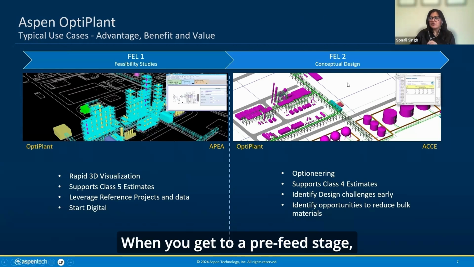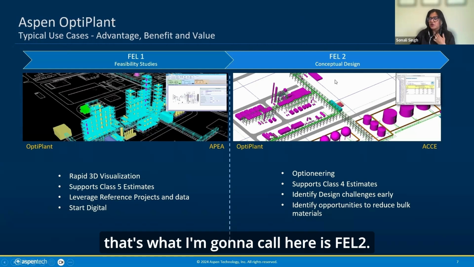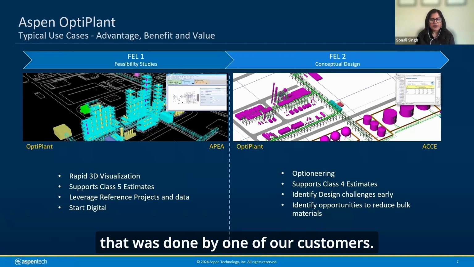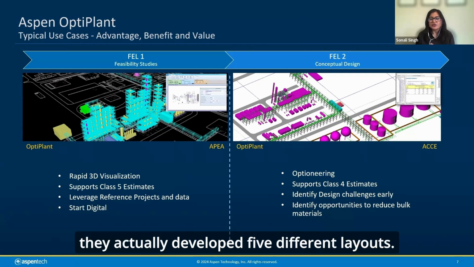When you get to a pre-feed stage, that's what I'm going to call here FEL2. This is an example of an LPG project that was done by one of our customers. And for this LPG unit, they actually developed 5 different layouts.